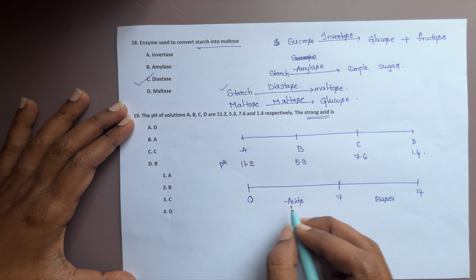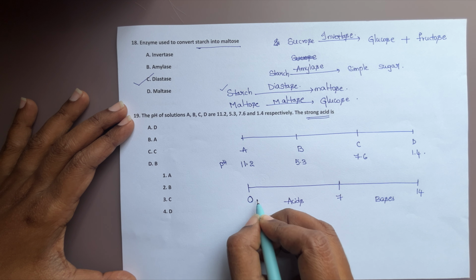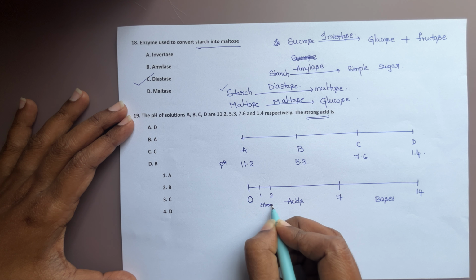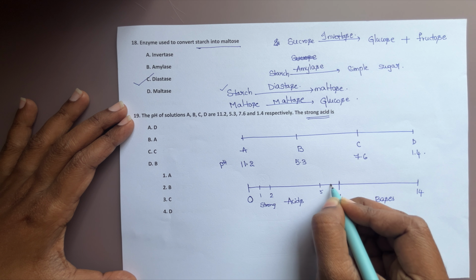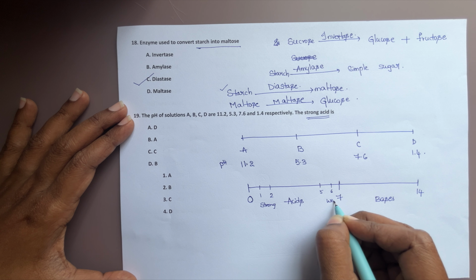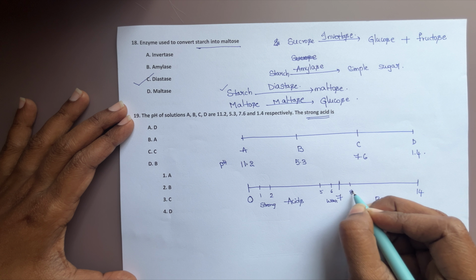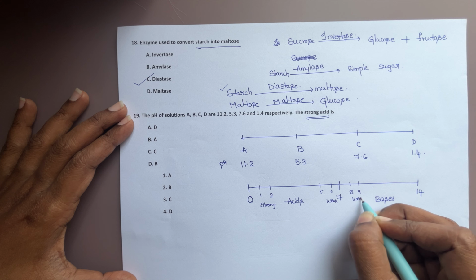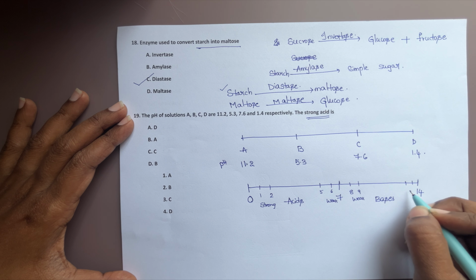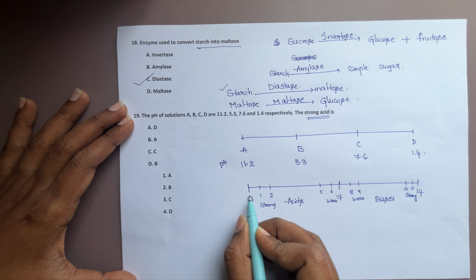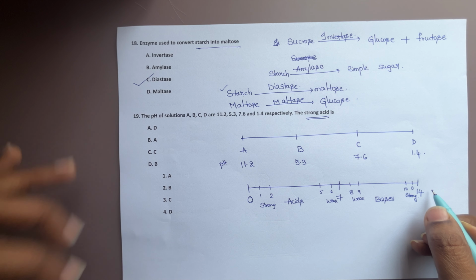So 0 to 7 acids means slowly 1, 2, all these are very strong acids. Nearly 5, 6, all these are weak. Moving towards 8, 9, these are weak bases. 12, 13, these are strong bases. So basically we are moving from acids towards the bases.